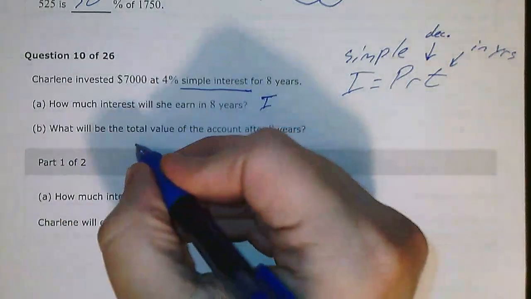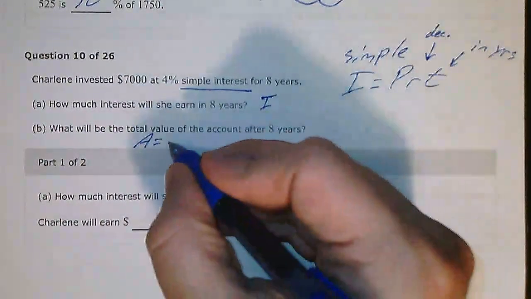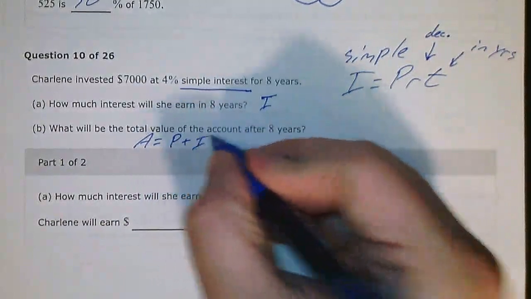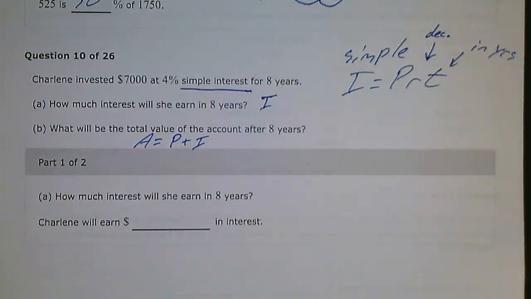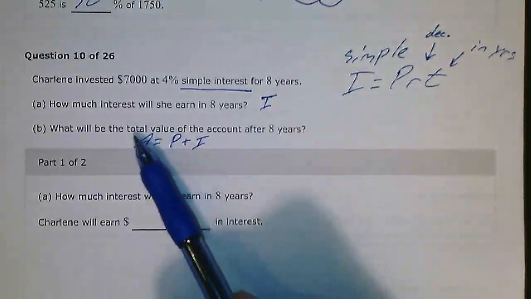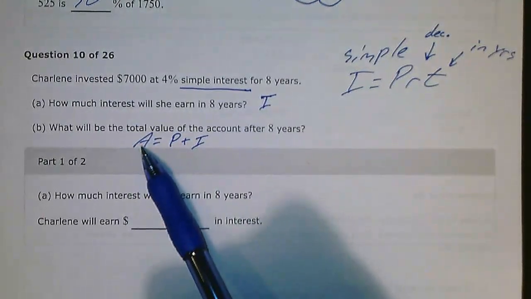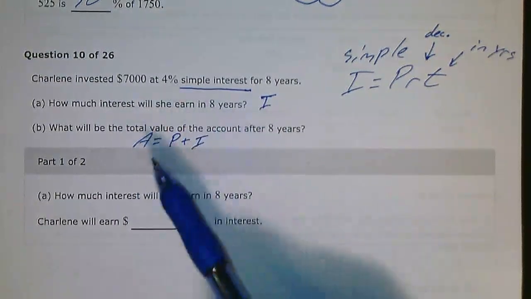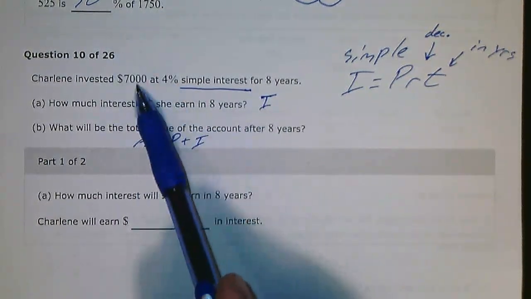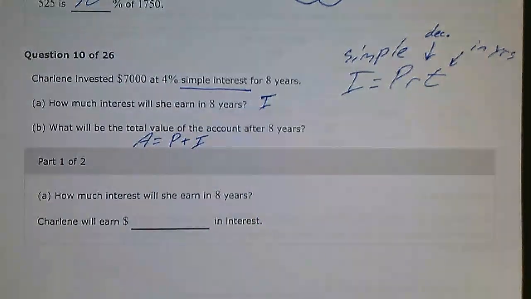And then I think there's a formula called amount equals principal plus interest. A equals P plus I. Total amount or total value is A for amount. And the total value will be what we invested plus the interest that it grew.